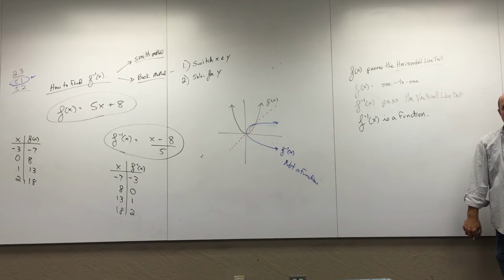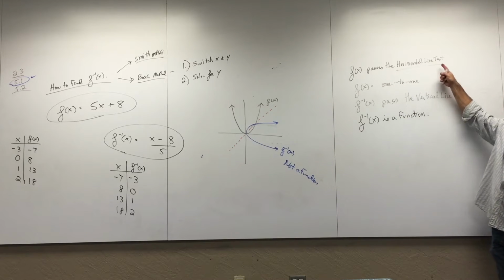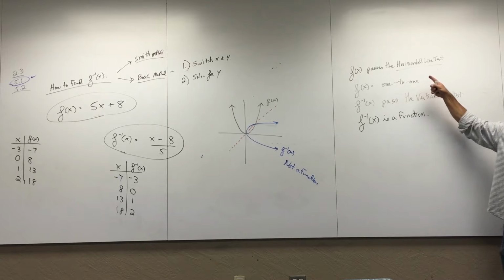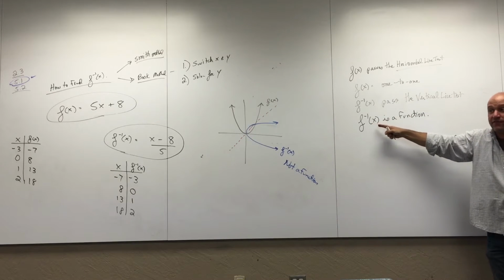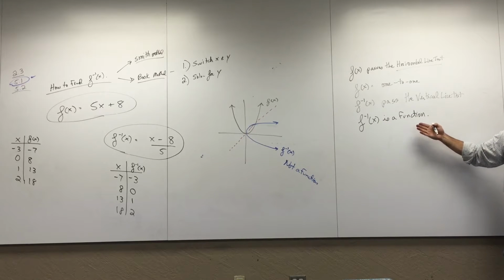And you could write more sentences that say the opposite of this. If you don't pass the horizontal line test, you're not 1-to-1. Therefore, your inverse won't pass the vertical line test. Therefore, your inverse is not a function.